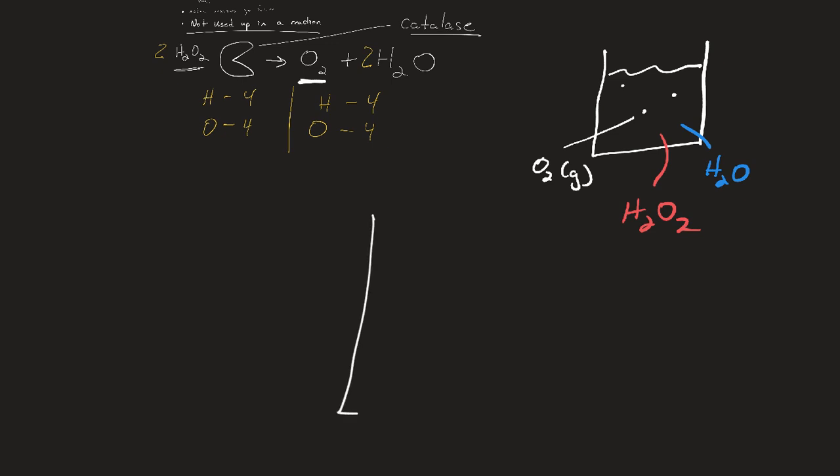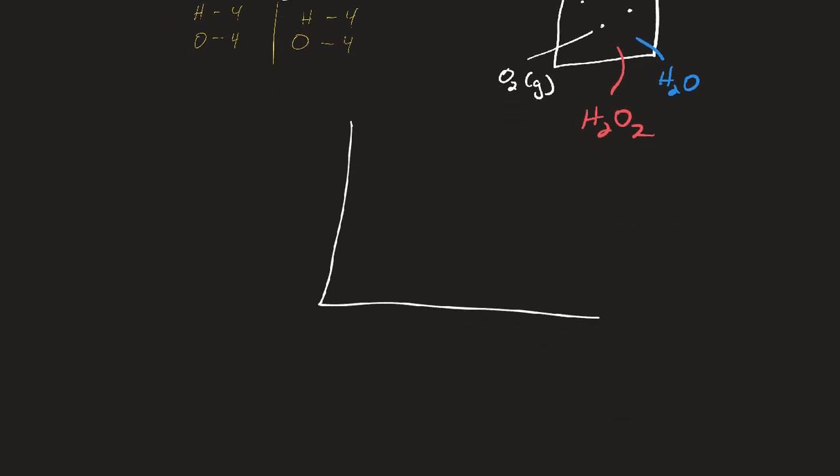So if you took a graph and you put in the amount of energy that the reaction requires going up that way, and here's the time it takes for the reaction to go on. You're going to start off with H2O2. It's going to require some kind of energy.